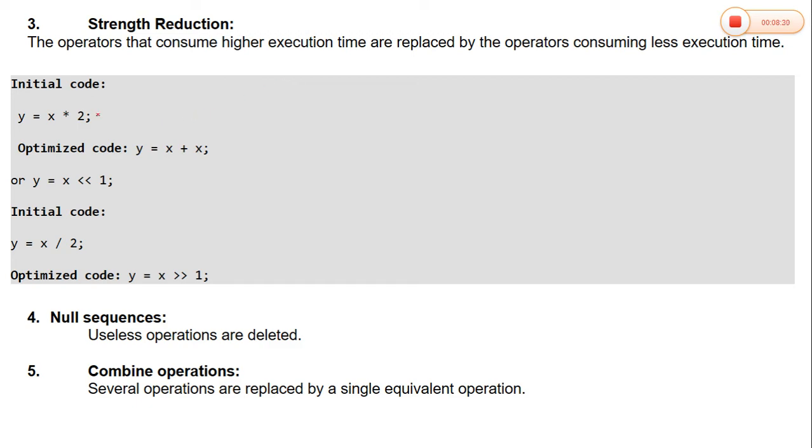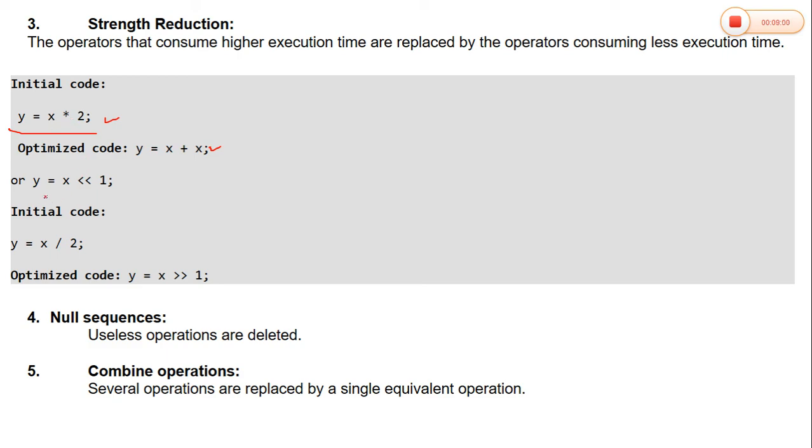So suppose in your code you are using an instruction like y equals x multiplied by 2. So x multiplied by 2 can be replaced by an optimized instruction such as y equals x plus x. Here asterisk is used as the operator, here addition is used, and we know that addition is a cheaper operation as compared to multiplication.